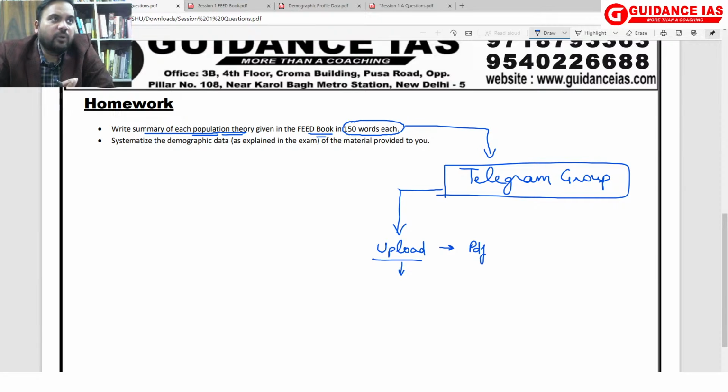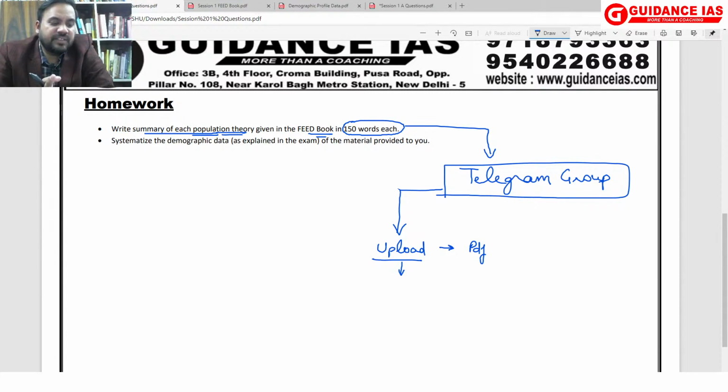The Telegram group, not all theories together, each of the theories in 150 words. So Malthus theory in 150 words, Doubleday theory 150 words, Spencer's theory 150 words, Castro theory 150 words, like that.